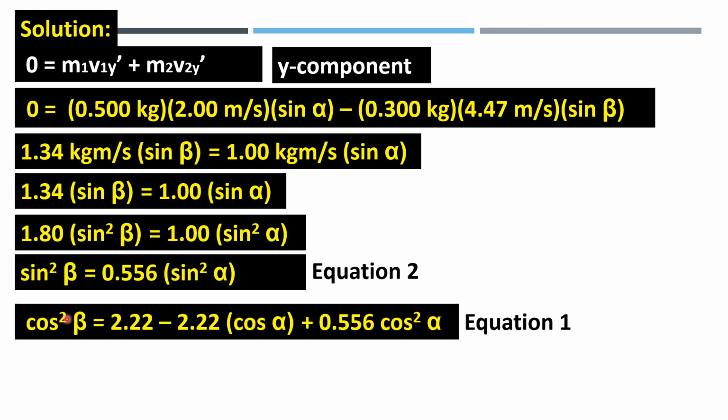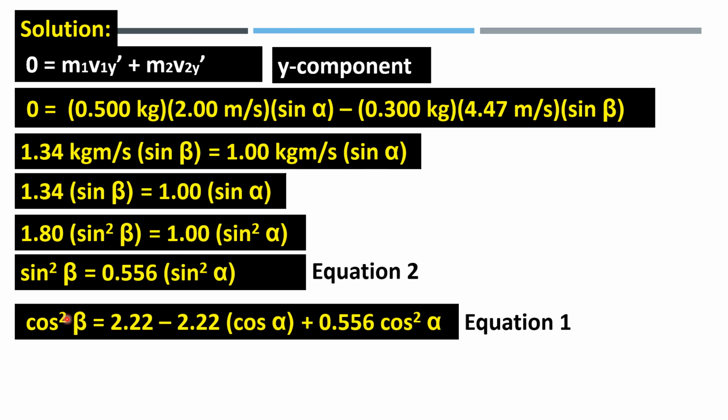Combining the two equations, or adding the two equations, but considering an important trigonometric identity, which says the sum of sine squared beta, when added to cosine squared beta, equals 1.